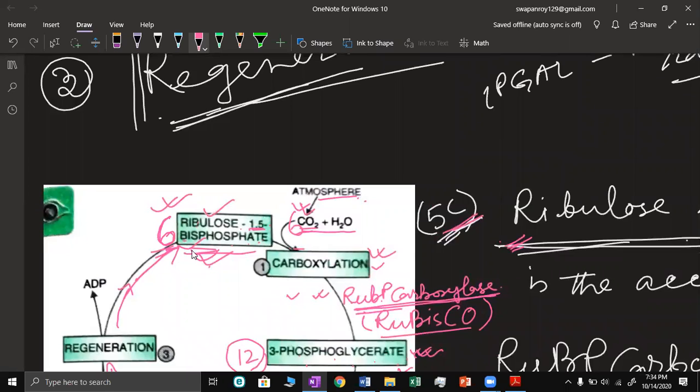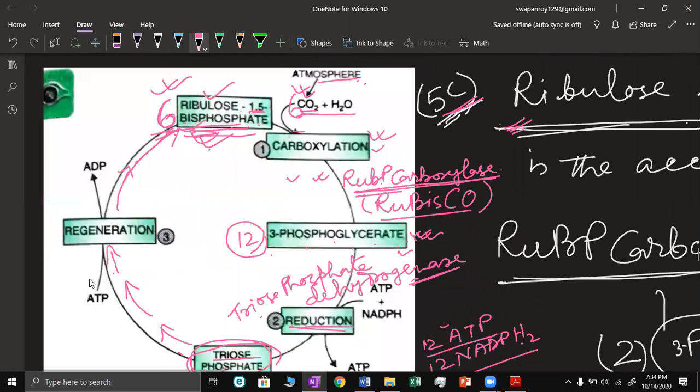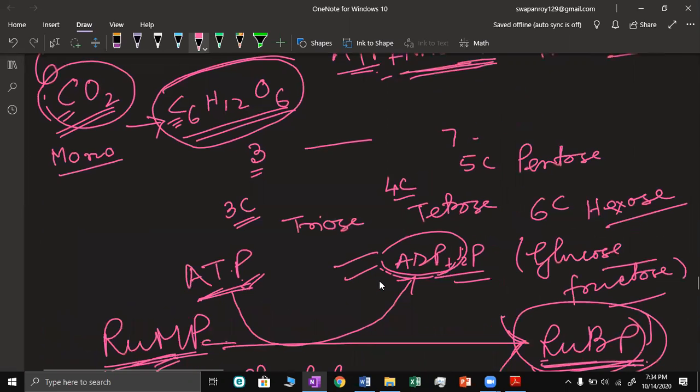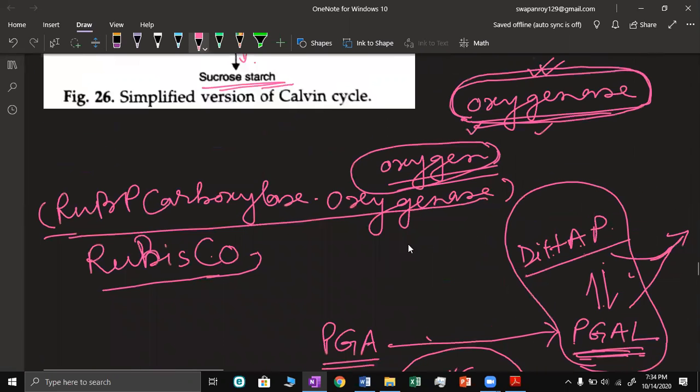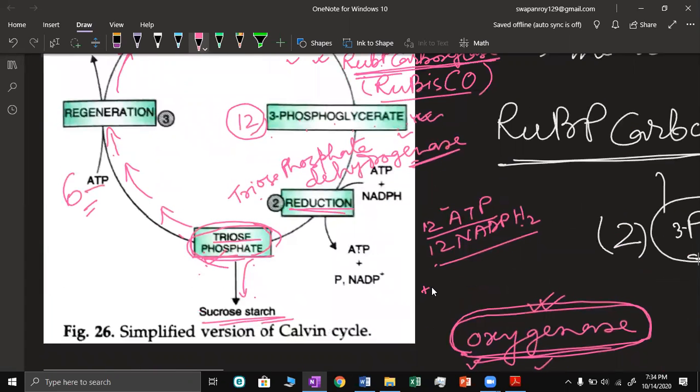All these 6 RUBP are regenerated. Each one requires 1 ATP for regeneration. So for the 6 molecules to regenerate, 6 ATP are required, is it? So total ATP how many? Here 6 other ATP molecules are required.